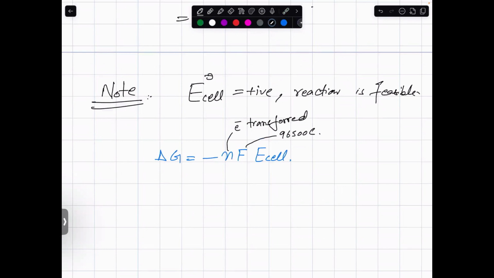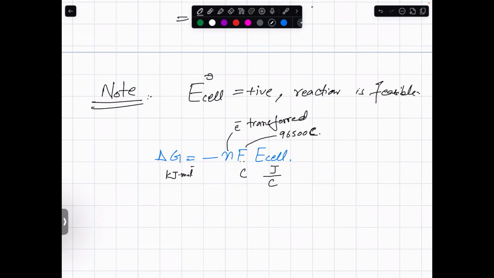But one thing that you must know, the delta G is in kilojoules per mole. Now, F is in coulombs, and E cell is in volts, and volts are joules per coulomb.